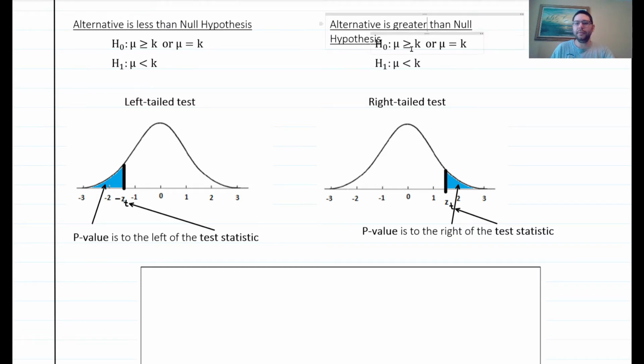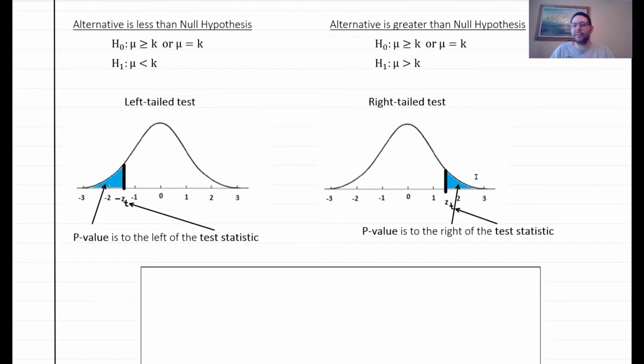Apologize for that typo. Change that right away. So it's going to be greater than. So think of it as an arrow, right? The less than symbol is pointing to the left, so it's going to be a left tail test. The greater than symbol is pointing to the right, so it's going to be a right tail test. All right.